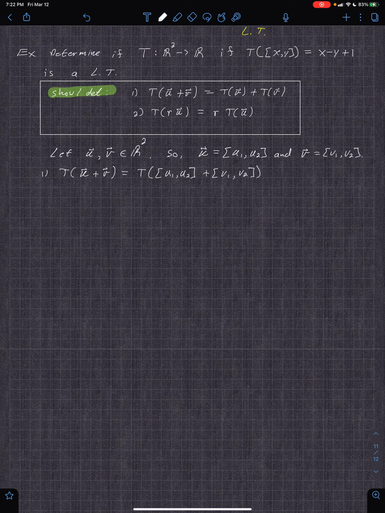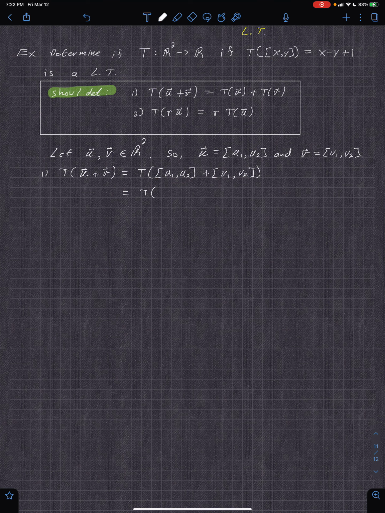Now add them up inside the function. Because it's defined that way, and this is what you're showing works, this is the definition: you have just one vector in there. So we need to combine this together to get one vector. That's always the case.